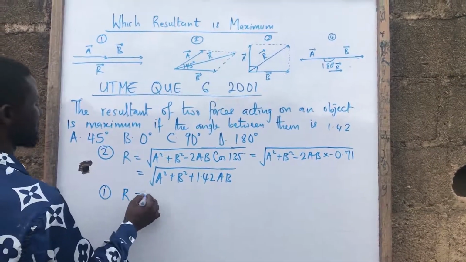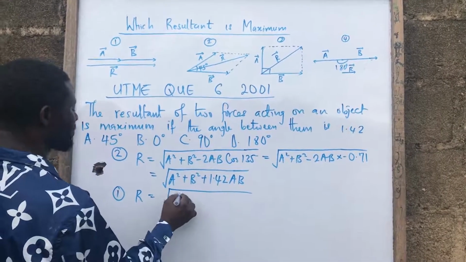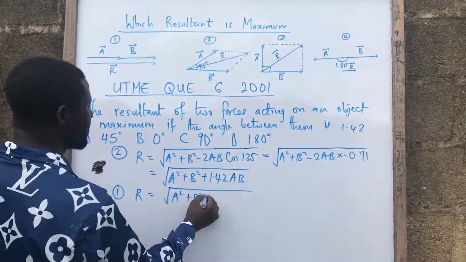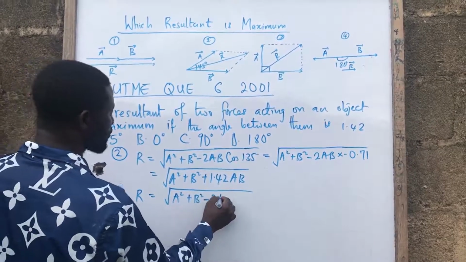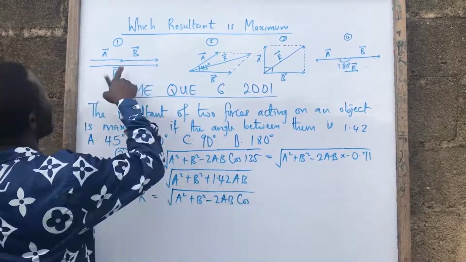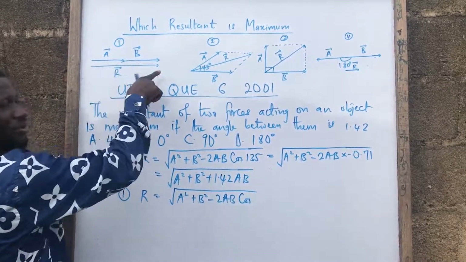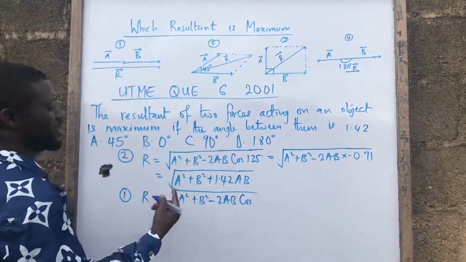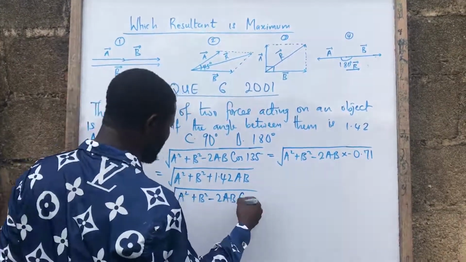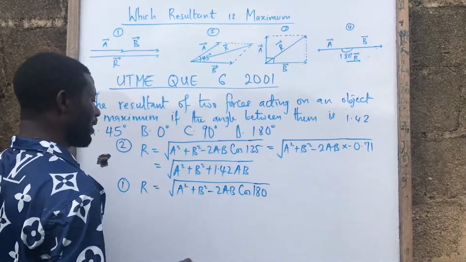R is equal to square root of A square plus B square minus 2AB cos of 180 minus 0. The angle between two parallel vectors is 0. So 180 minus 0 will give me 180.